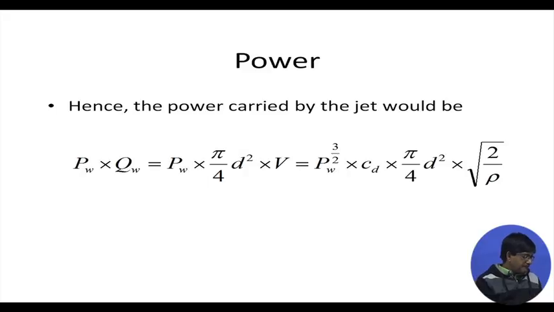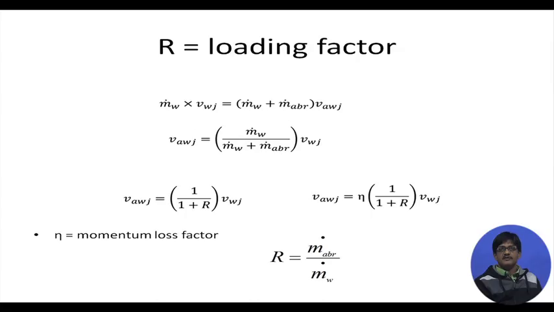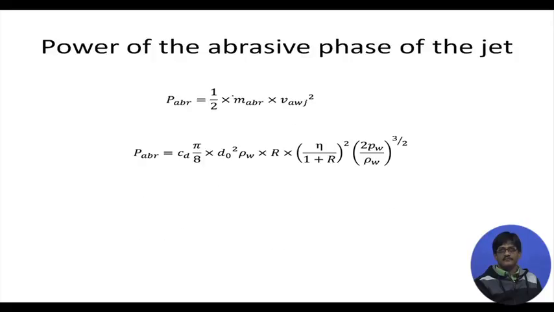So, the power of the abrasive phase is simply this power multiplied by a constant, and hence we come to the conclusion that the power of the abrasive phase of the jet is proportional to the power of the water jet, and therefore, mass material removal rate can be expressed to be proportional to the power of the abrasive phase itself. Material removal rate is proportional to the power carried by the abrasive phase.